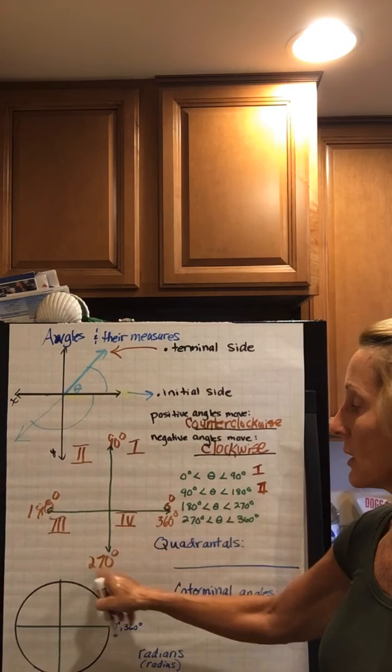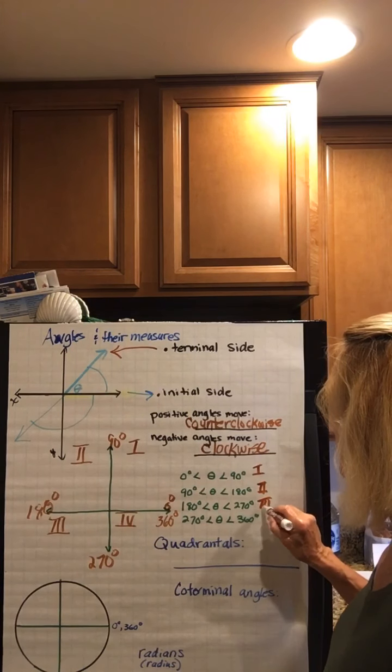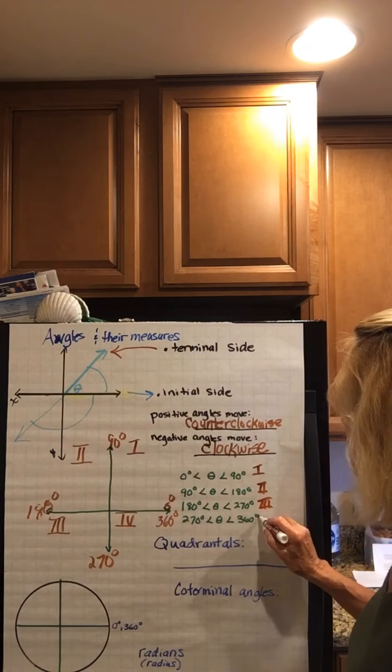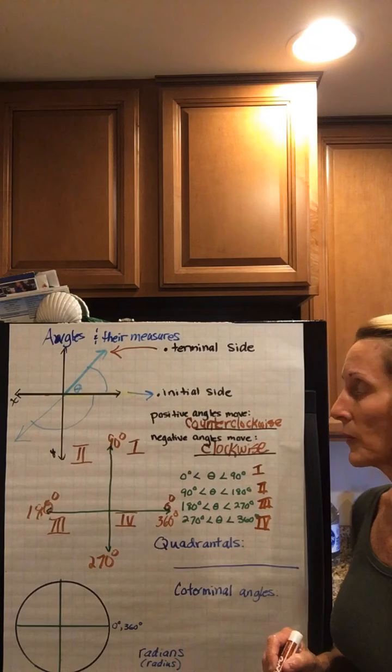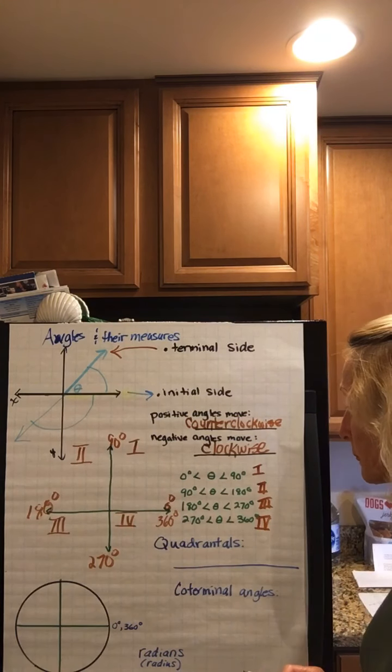Anything between 180 and 270 is in quadrant 3. And then anything between 270 and 360 is in quadrant 4. Again, you can pause that later or pause it now, whatever you want to do.